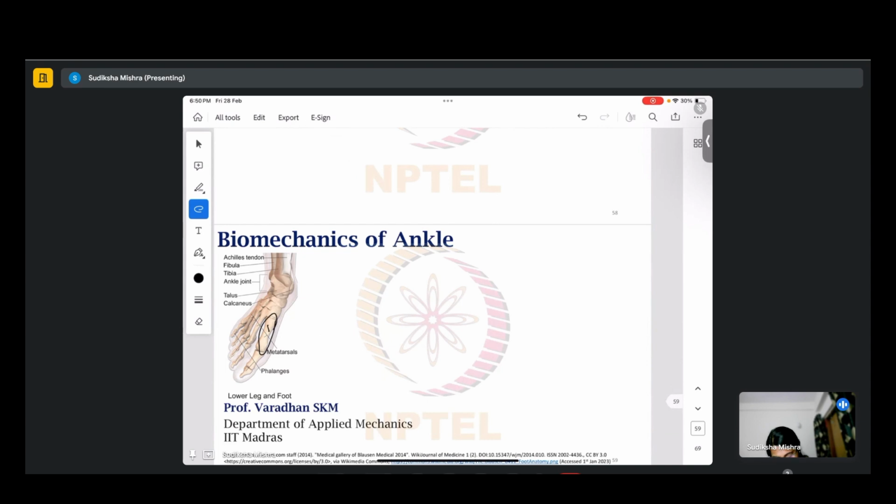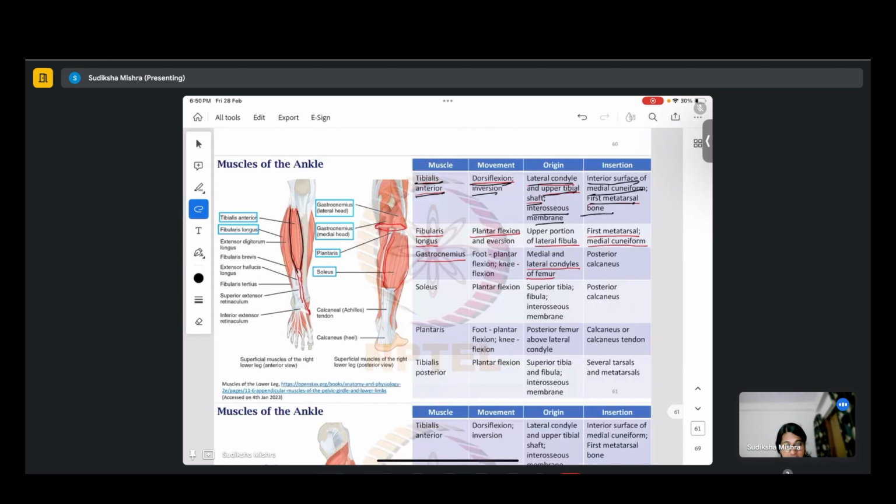In this case, the big toe is the first metatarsal, next is second, next is third, fourth, and the little toe forms the fifth one. So this tibialis anterior inserts into the first metatarsal, near the big toe, not the thumb. Next is fibularis longus, which is here.